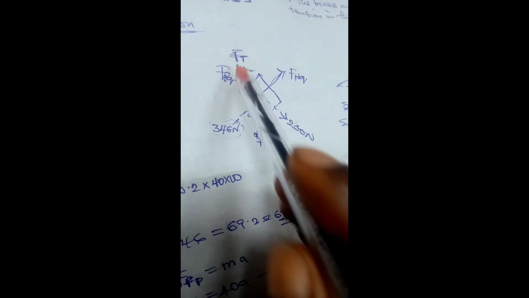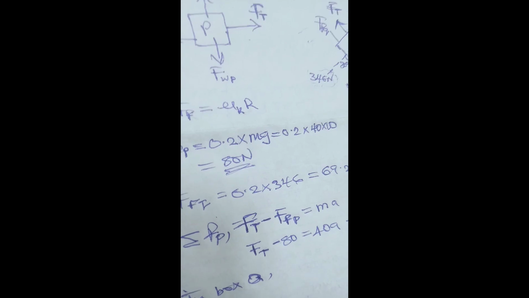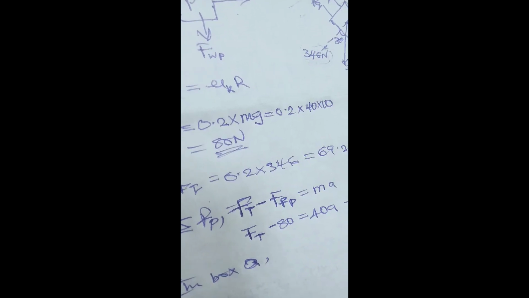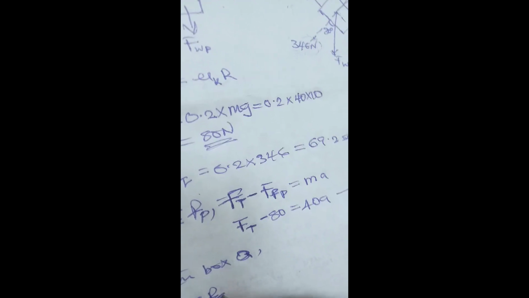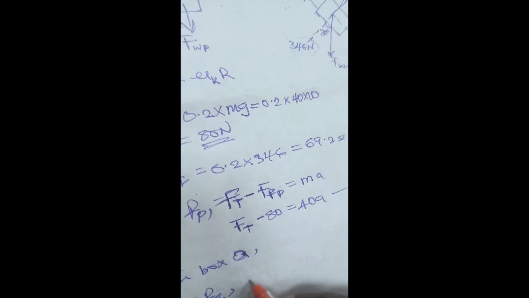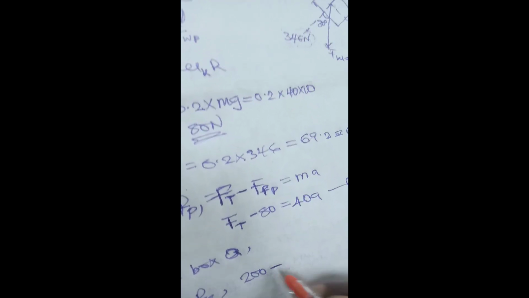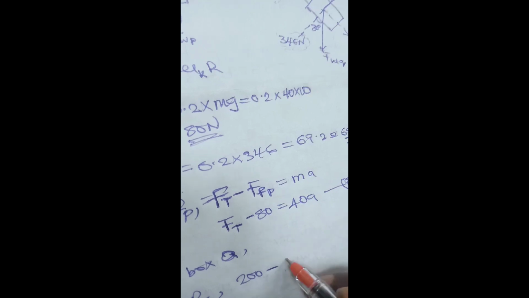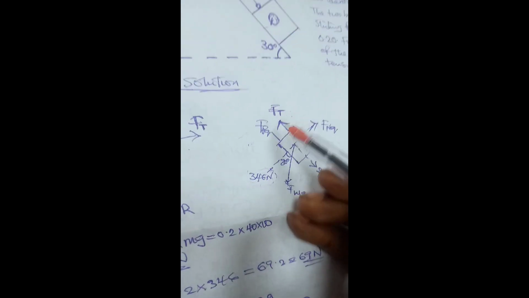This one is greater than these two other ones. Then the sum of the forces in Q is going to be equal to 200 minus FT. This is greater, so you subtract these two from this.